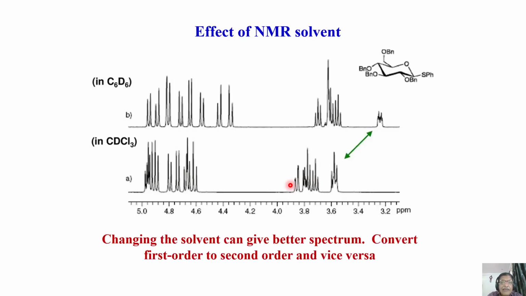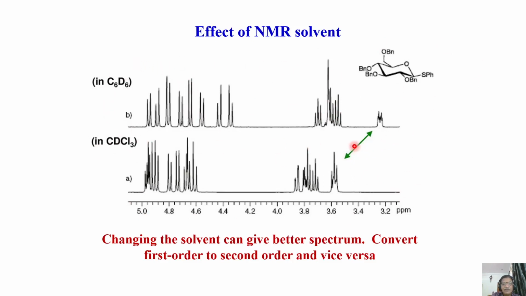Now, as another step in understanding the effect of the NMR solvent, look at this molecule. This was taken in CDCl3. What is the difference in this spectrum? Same molecule, it was taken in benzene solvent.